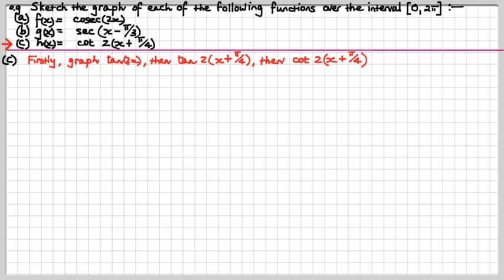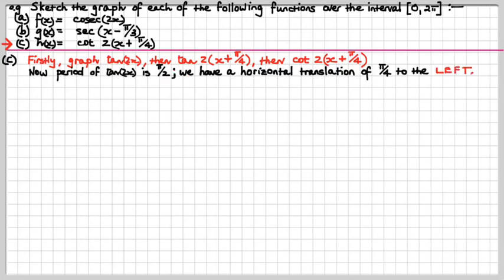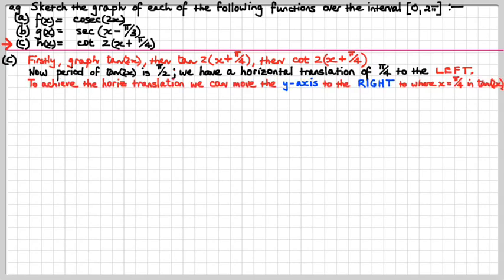Now, firstly the graph of tan 2x, then the graph of tan of 2x plus pi on 4, then from that we can do the cot bit, right? Now, this is going to be very busy, so I'll give you fair warning. The period of tan of 2x is pi on 2, yes. We have a horizontal translation of pi on 4 to the left, yes.